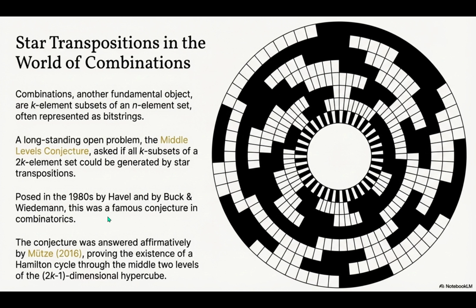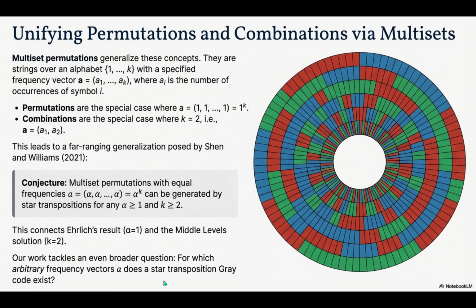It is, but it was fundamental. And it was solved brilliantly by Torsten Mütze in 2016. He proved that yes, for that perfectly balanced case, a star transposition Gray code does exist. So our mission today is to generalize that. If that specific case works, for which other frequency vectors does it work? That's the mission. We're trying to find the universal rule for the entire landscape.